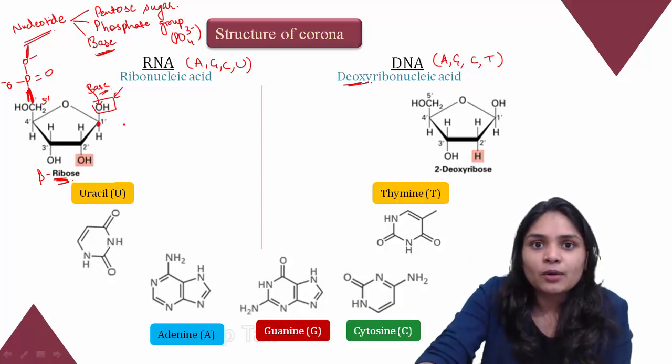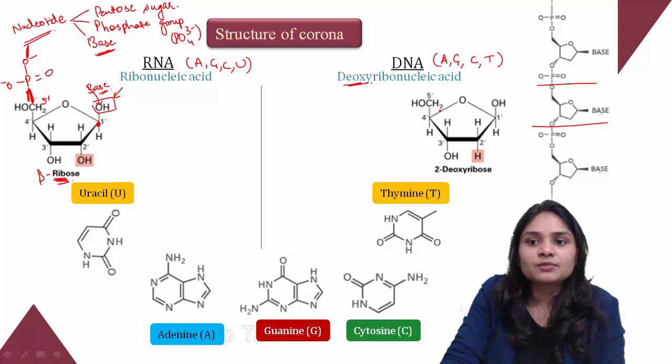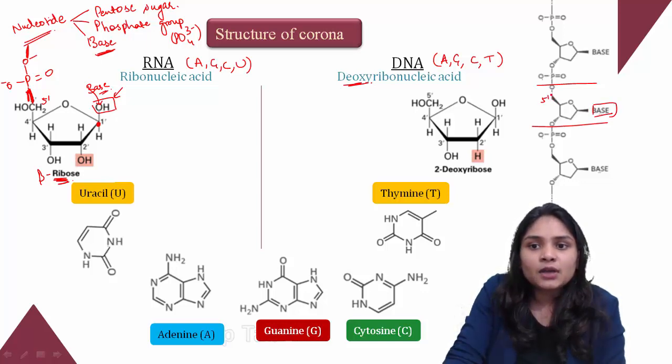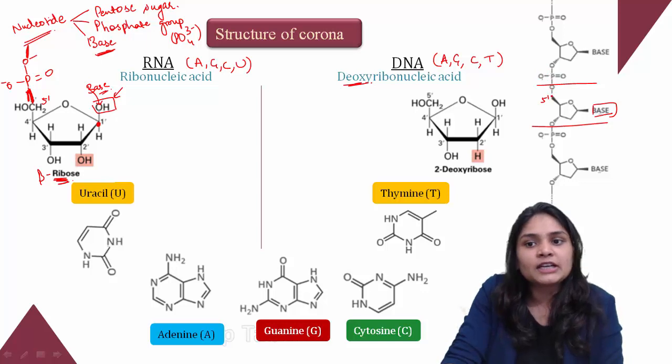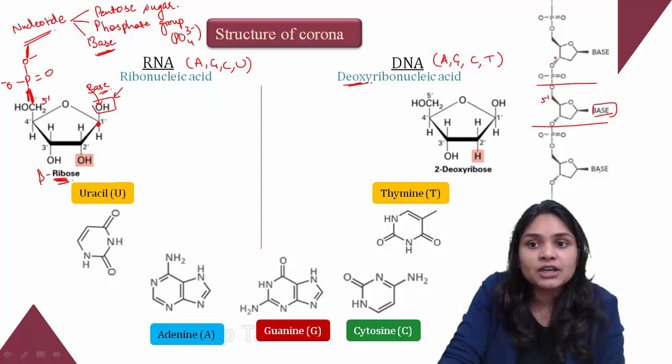Clear? So now let us see how these nucleotides are linked. You can see over here, this is one nucleotide. You can see this is the sugar moiety. Base is present over here. This is your 5' carbon. Now this phosphate is attached to the 5' carbon. It is going to link to the other nucleotide at which carbon atom? The 3' carbon, this one.